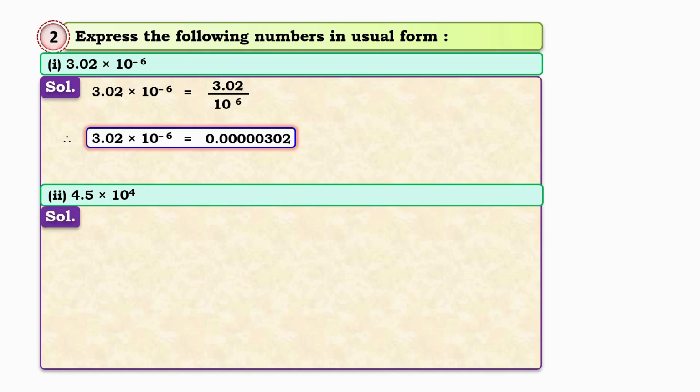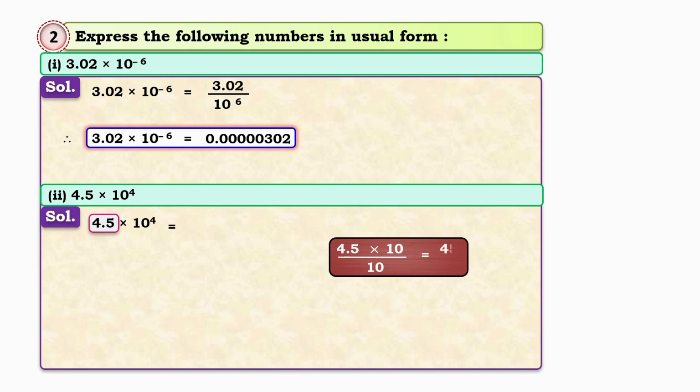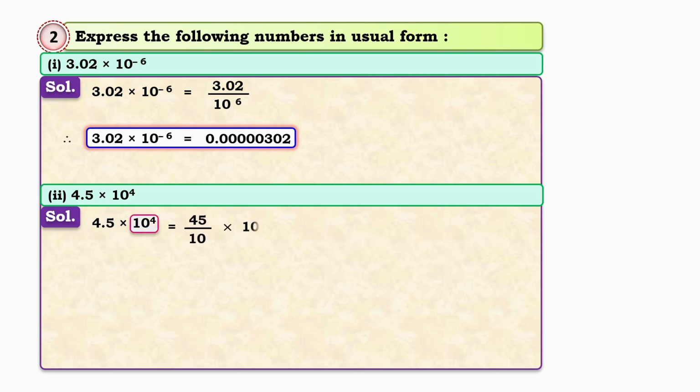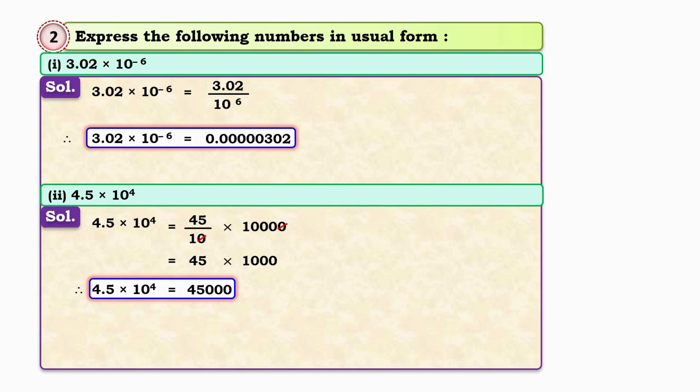Now, let us solve another problem like this. 4.5 is 45 by 10. So, here comes 45,000. So, this is the final answer.